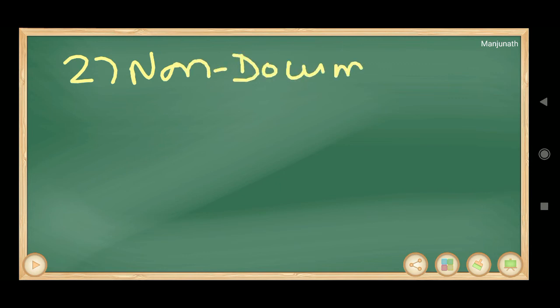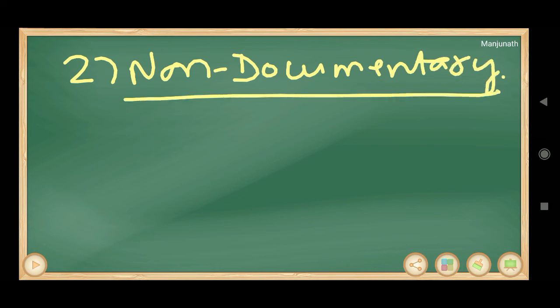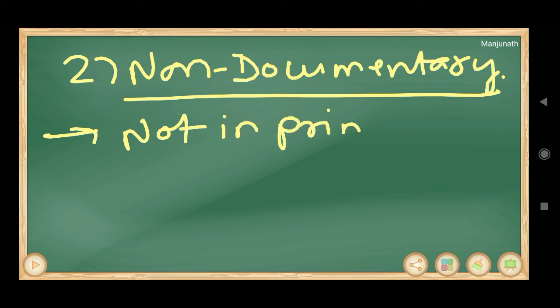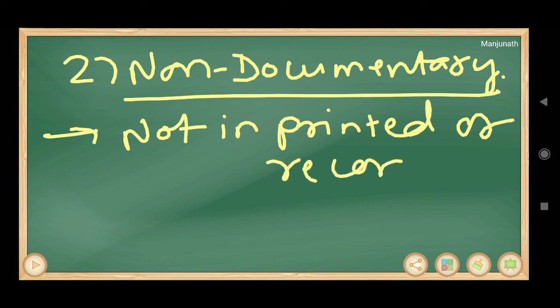Next, the second category in sources of information is non-documentary sources of information. In non-documentary sources of information, the information is not in any printed or recorded format.